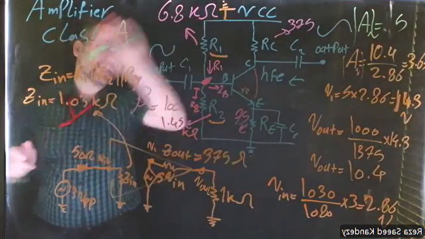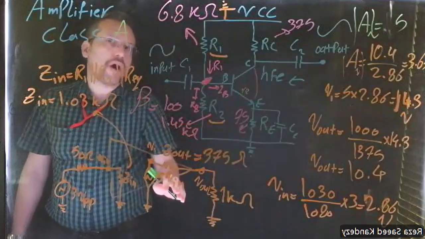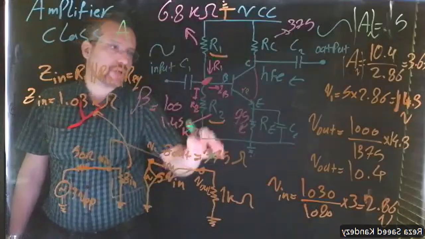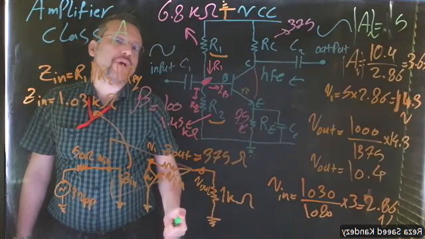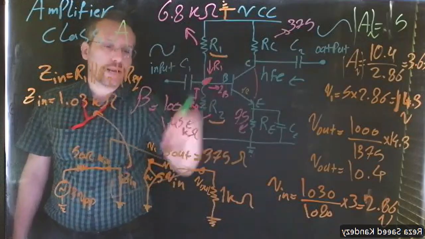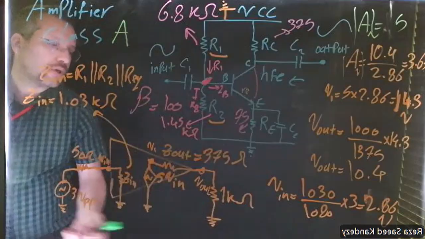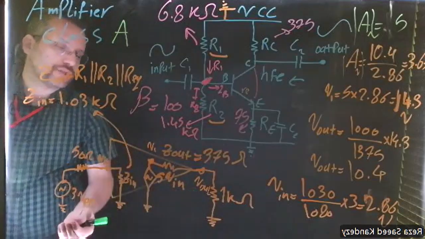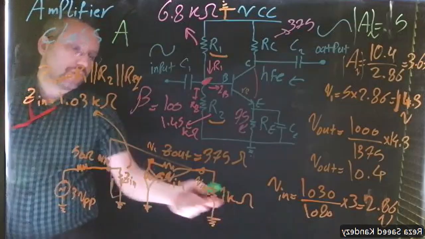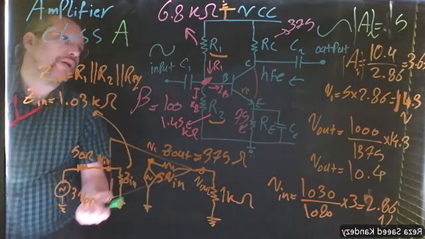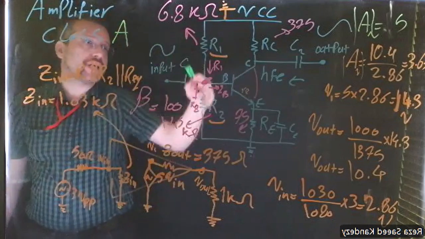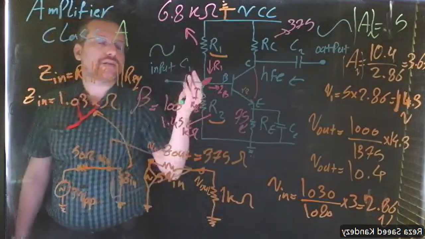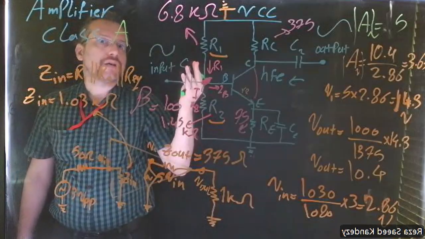So this is basically how Class A works, how we can design the Class A amplifier. And after that, you can actually evaluate what's going to happen in an actual situation if you know your load and your input.